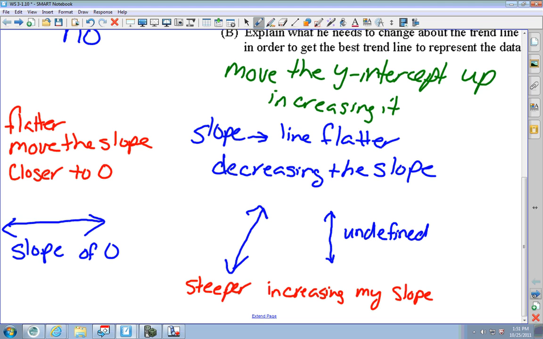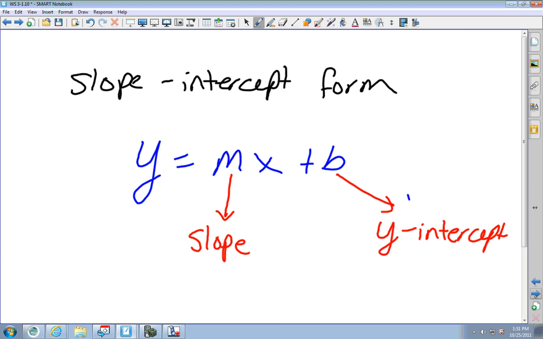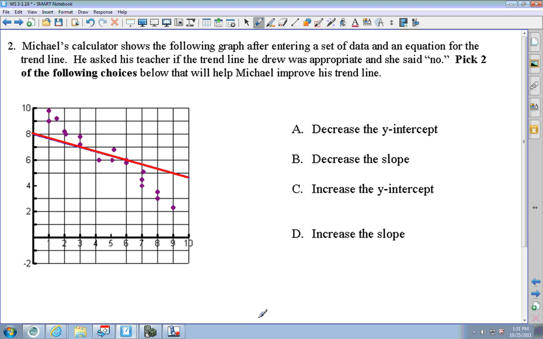Okay, next problem. Oh, I got my notes here. Let me skip through those. Here we go. Michael's calculator shows the following graph after entering a set of data and an equation for the trend line. He asked his teacher if the trend line he drew was appropriate, and she said no. Pick 2 of the following choices that will help Michael improve his trend line. Well, the first thing is I've got a decrease of y-intercept and an increase of y-intercept.